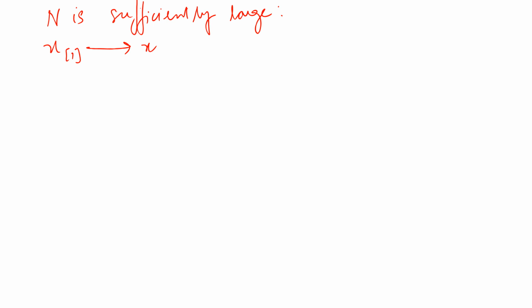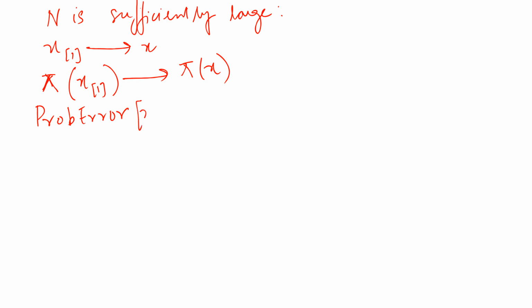And also because pi is continuous, if x1 converges to x, then we can also say that pi of x1 converges to pi of x in general, for sufficiently large n.